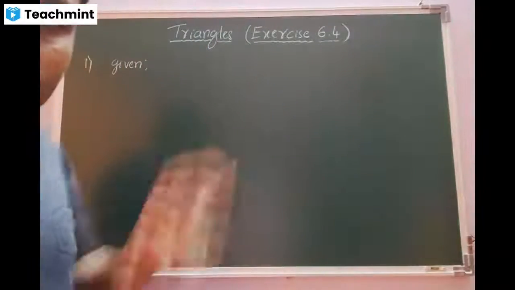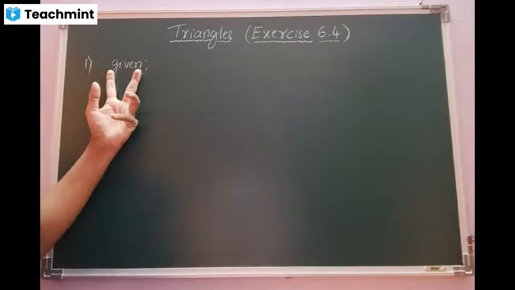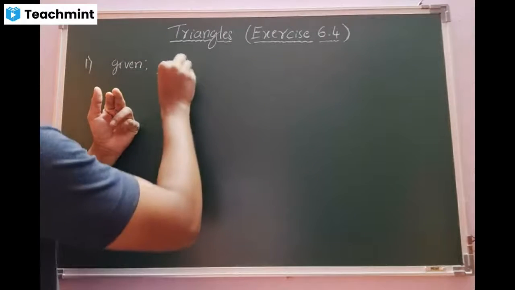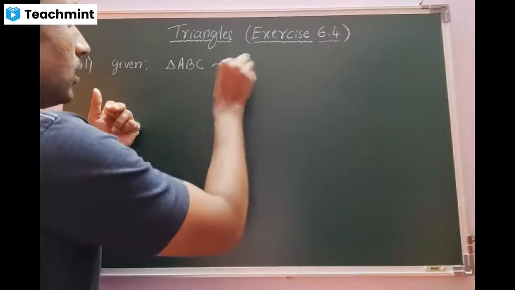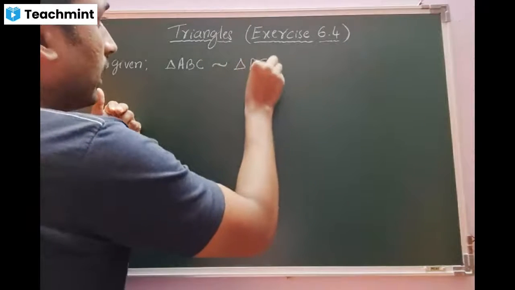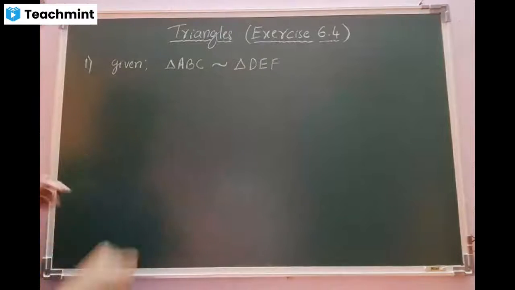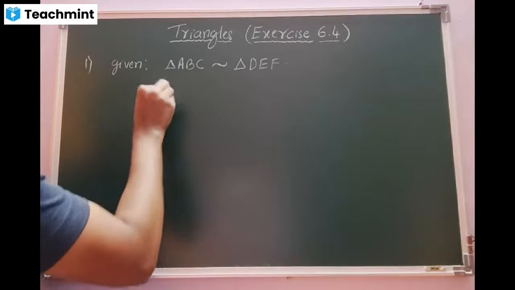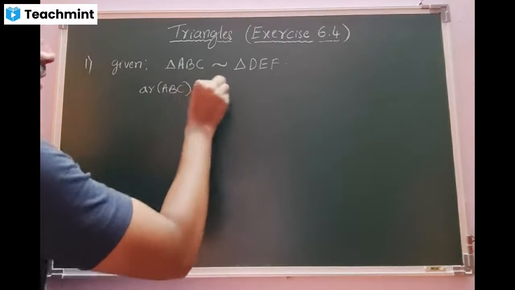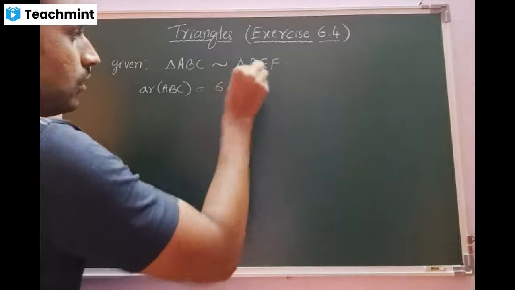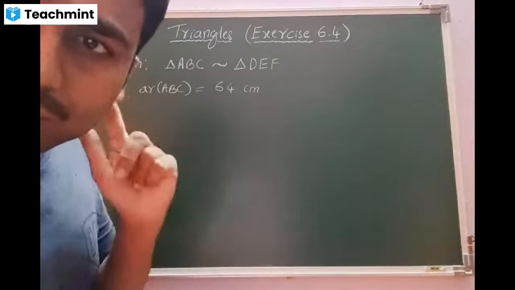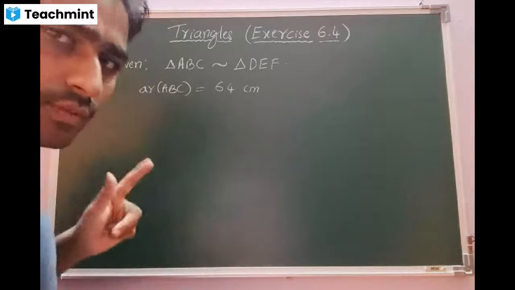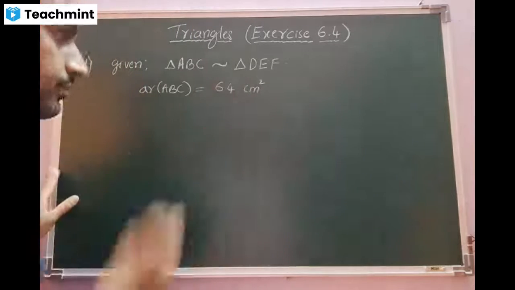First, I'll write the given data. What have they given? They said triangle ABC is similar to the triangle DEF. This is the first part. Then they said area of ABC is 64 centimeter square.